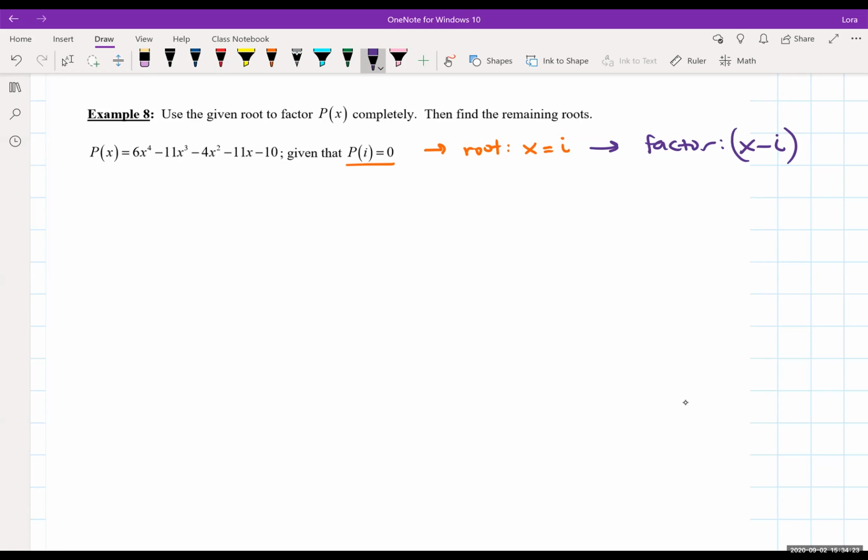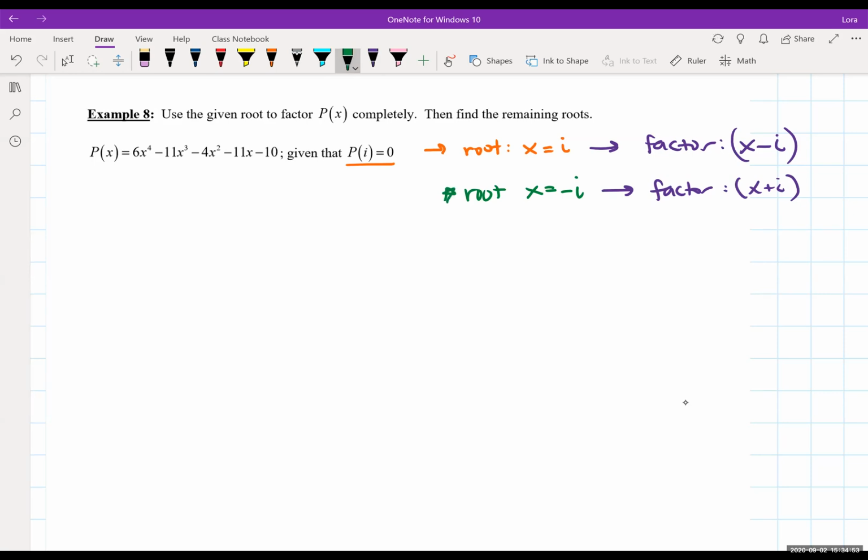But all you really have to pay attention to is not the name. It's just that if you have a root, you automatically have a pair to this. Another root would be the complex conjugate, which is negative i. And we'll get back to that later, but that also tells you that the corresponding factor to this one would be x plus i. So I'll resurface here and again.